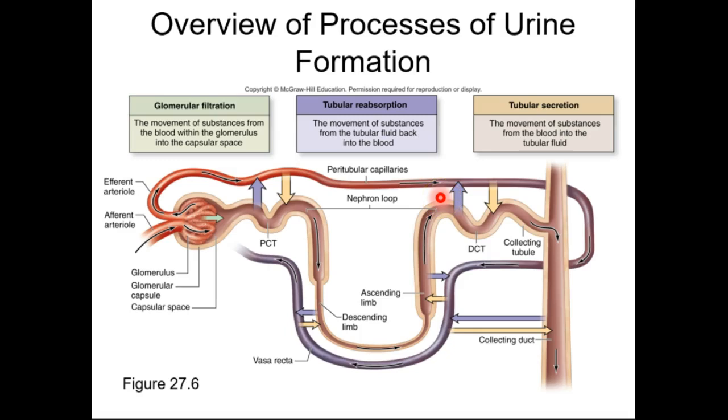I mean, big picture, that's all we're getting at here, concentrated urine. We go from a lot of fluid and a lot of salt here, a lot of water, a lot of salt, to less water and less salt. So by the time you get through this nephron loop, you've retained a lot more of just water and salt here. Sound good to everyone?